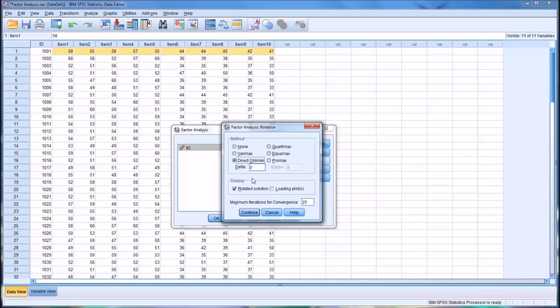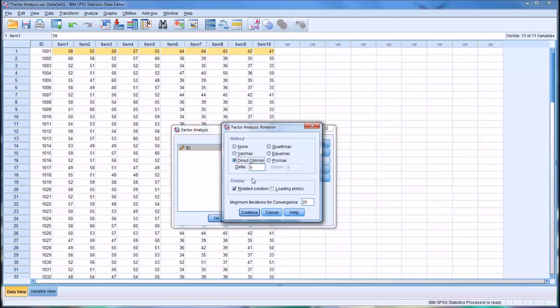And there's a lot of different views on what type of rotation to use, and of course it affects your results. But in the social sciences, in counseling, for example, it's hard to imagine a data set where you would have uncorrelated items.